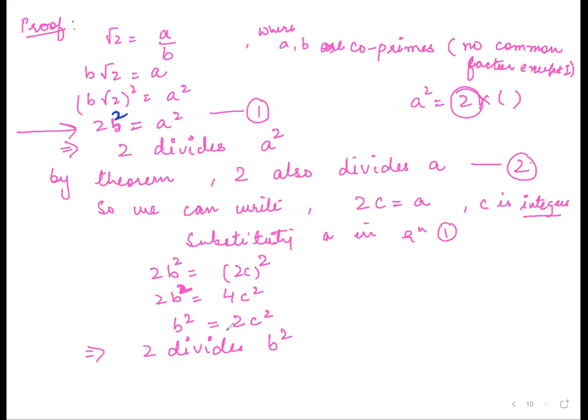So because B square is 2 into something, that means 2 is one of the factors of B square. So 2 divides B square, and again by theorem, 2 also divides B. Mark it as your result number 3.